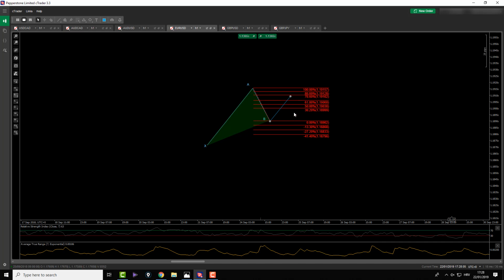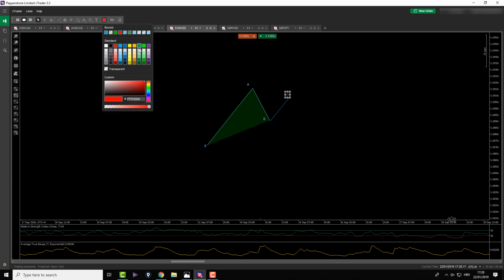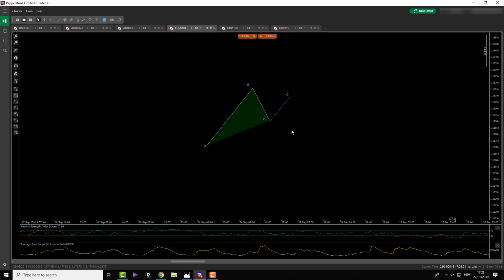Okay, and now we have our C leg. So let's put C. We have our blue color. Okay, there we go. We have our C leg and we have our B to C leg and our C point.